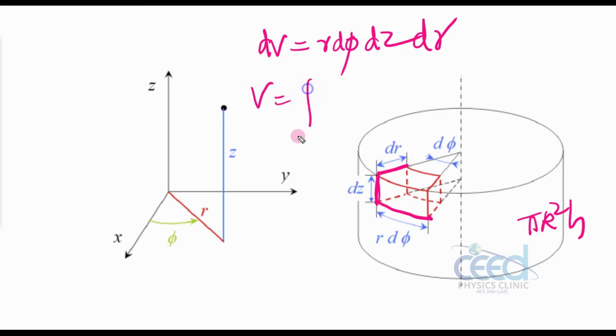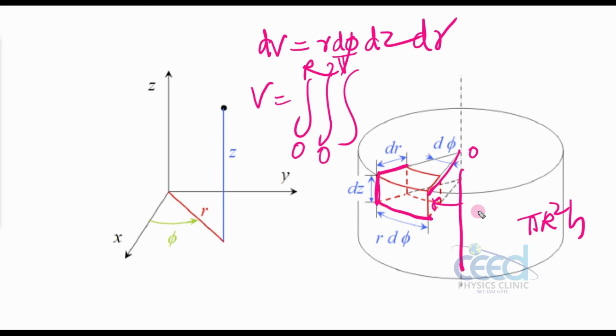The radius is varying from 0 to r, and phi is varying from 0 to 2 pi, and z can vary up to the height. I am considering the cylinder height as h, so it can vary from 0 to h, with r d phi dz dr. So I can integrate this.